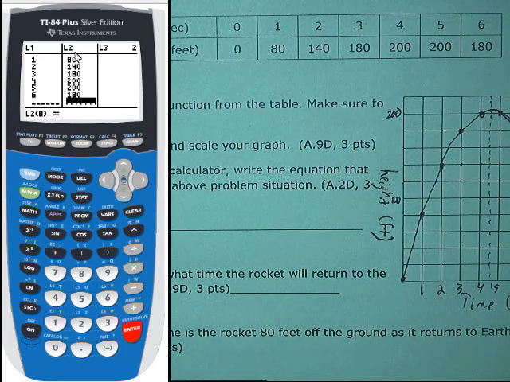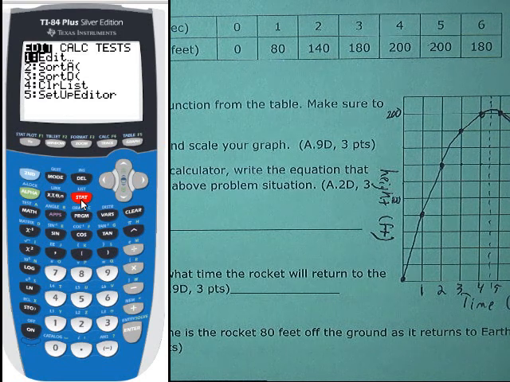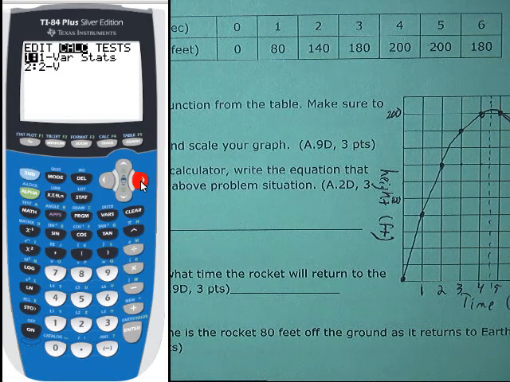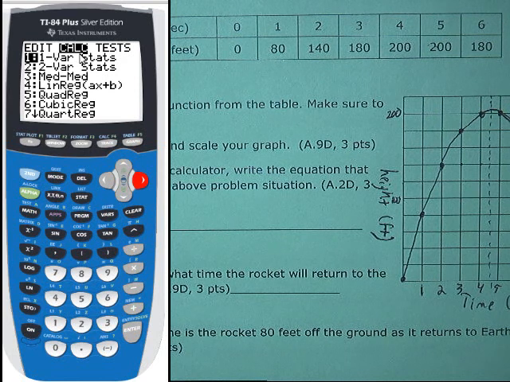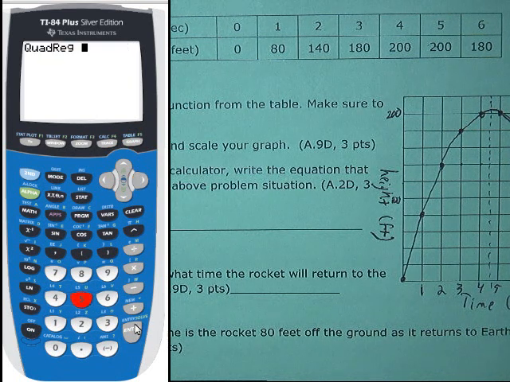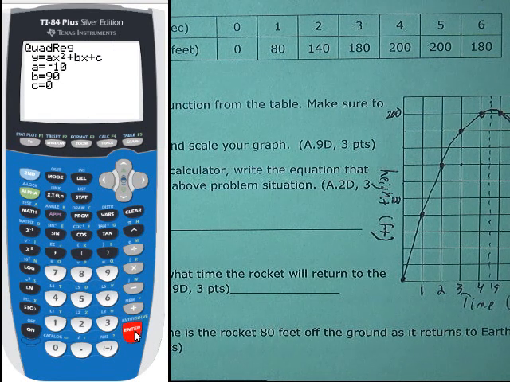After you have this typed in the calculator, we're going to go back to the Stat menu, arrow right to get into the Calc tab, and then we're going to use our regression. There are several different options for regression. The one we care about, since this is a quadratic equation, is quadratic regression. Press 5. Back on the home screen, now press enter.